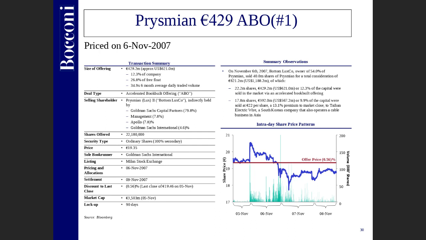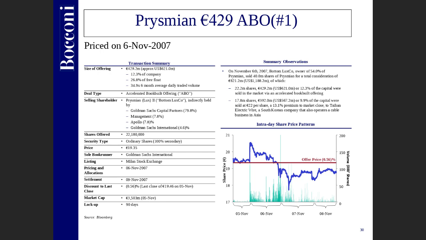And we sold secondary shares, so shares already existing, outstanding, at the price of 19.35. That was a discount of 0.56% to the last price recorded in the market, which was on November the 5th. And the selling shareholders agreed and committed themselves to respect a lockup of 90 days, this is the last information, before selling new shares in the marketplace.